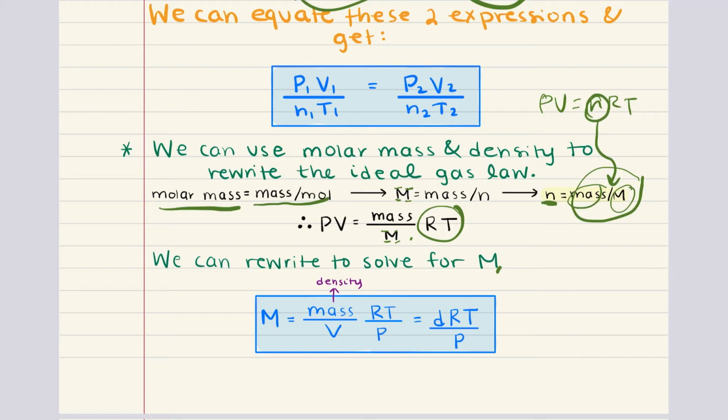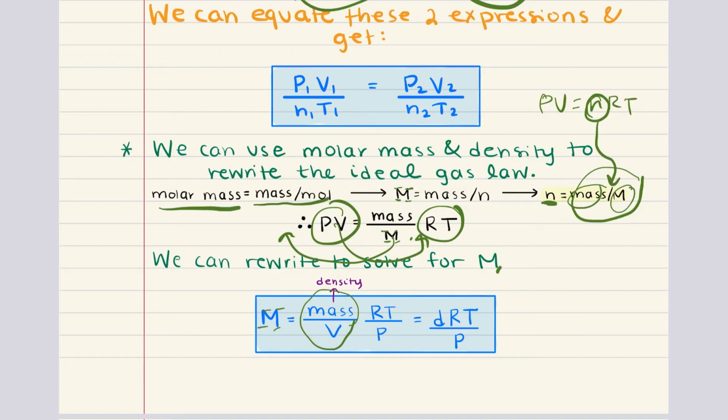Now, something else that we can do here is we can move molar mass over to the other side so that we have an expression that says molar mass equals something. If we move molar mass to the other side and then we take PV and move it here, we can write that molar mass is equal to mass times R times T over V multiplied by P. And something really cool emerges here. Mass over volume. This is the definition of density.